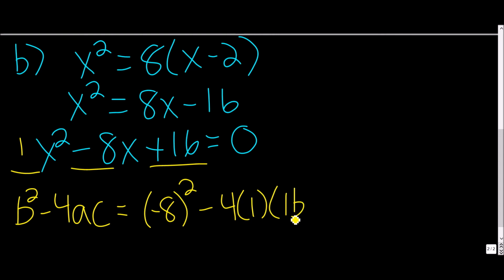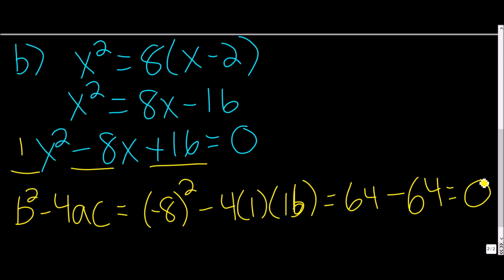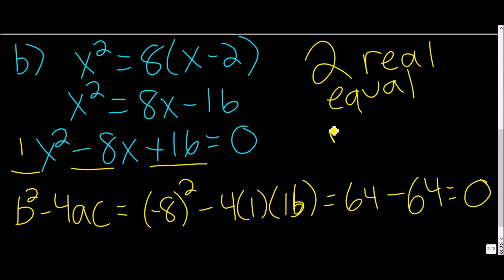So this is 64 minus 4 times 1 times 16. Wait a second, that's 64, which makes 0. This means that we're going to have 2 real equal roots. We don't know what those roots are, and we can find them out. It wouldn't be very hard. But we know that there are 2 real equal ones. They're going to be the same answer. So that's how that works.